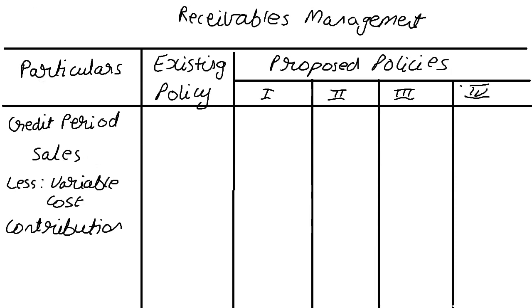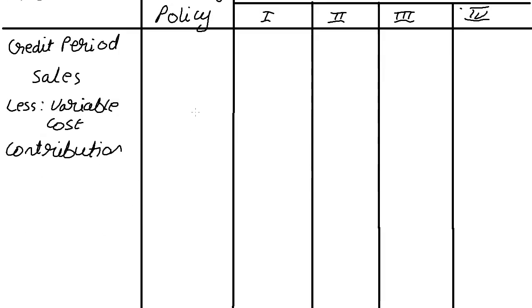Alright. Now, after we have contribution, we subtract less fixed cost. Okay, and doing that gives us what we call profit.